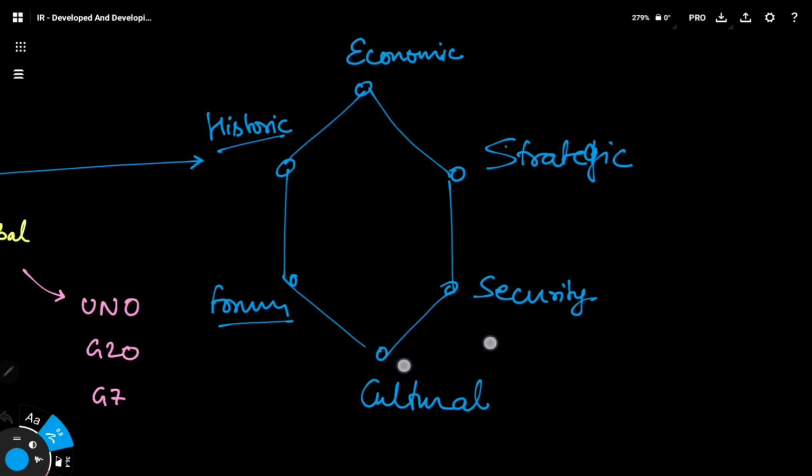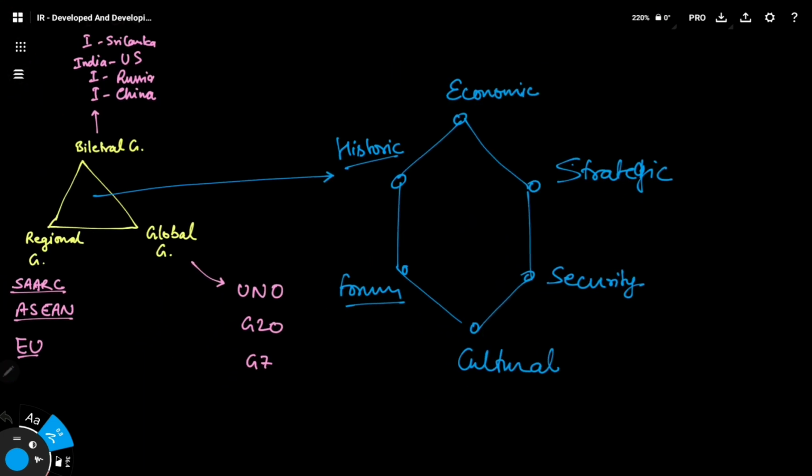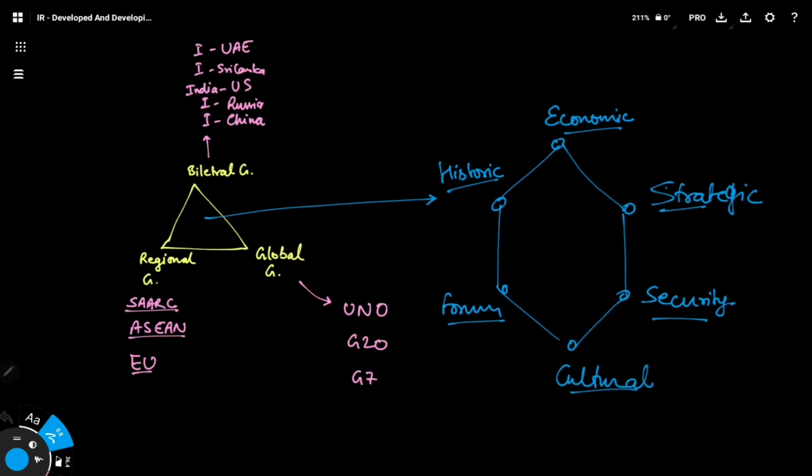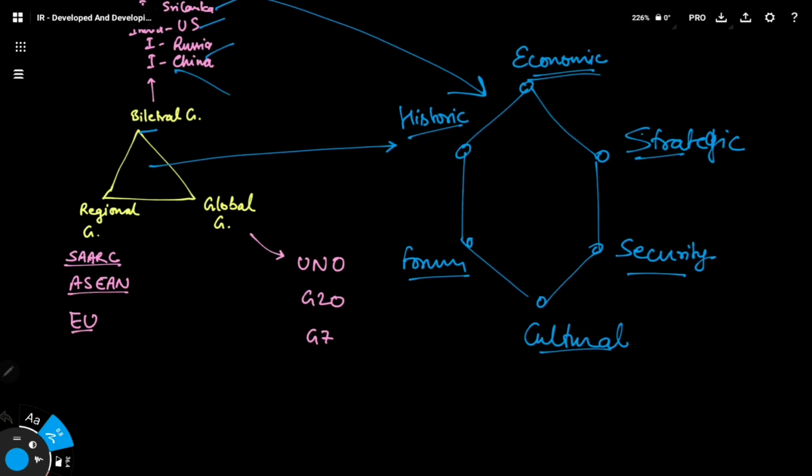Okay, these aspects they cover. That's why these are important. Suppose you can take example of any country, any bilateral relation like India China, India Russia, India US, India Sri Lanka, India UAE. Their relations are mainly dependent on these 6 factors: economic, strategic and security, cultural, these 6 factors.